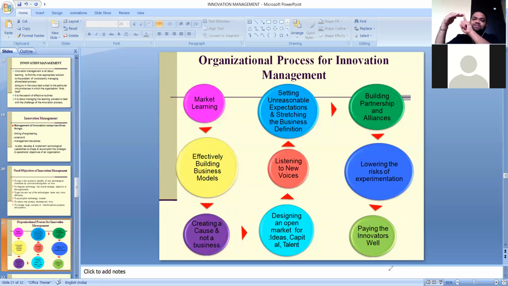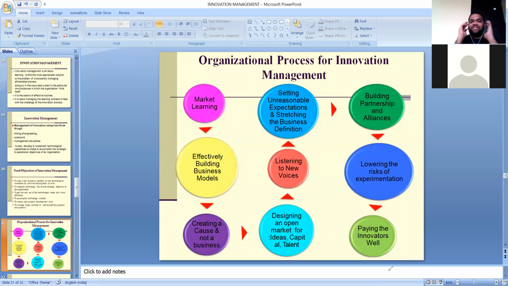You focus on a maximum of 95, so there is a chance of getting more than 80, between 80 and 95, maybe 85 or 86. That means you will achieve more than 80. Otherwise, if you keep your expectation at 80 only, there is a chance of getting less. For that reason, we are setting unreasonable expectations and stretching the business definition beyond.